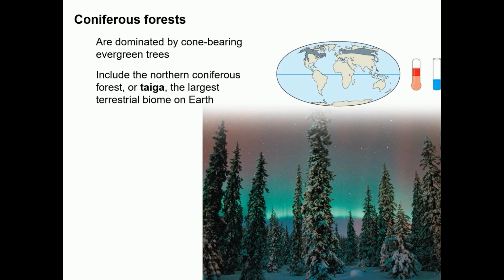The reason why this type of vegetation does well in these climates is because pine needles are thin and relatively thick compared to the surface area that they have exposed, and they're coated in that nice waxy coating.